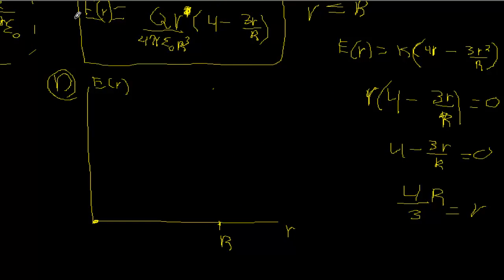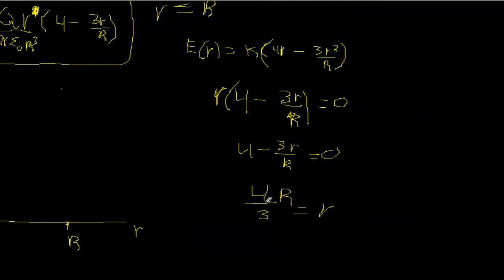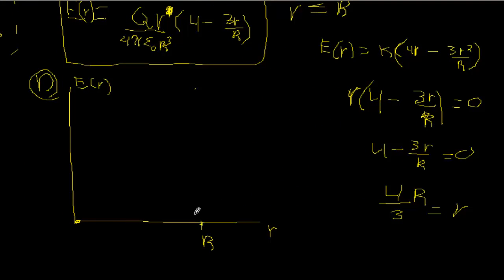So let's examine that. 4/3 of R means that we're going beyond the radius of the sphere. And of course we said that this function does not hold for outside of R. So therefore what's going on is like this.